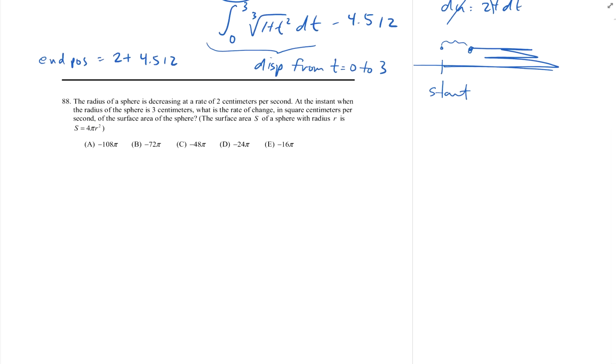Okay, 88. The radius of a sphere is decreasing at 2 centimeters per second. That's dr/dt is -2. At the instant when the radius is 3, what is the rate of change in square centimeters per second of the surface area? And they tell you that it's 4 pi r squared. So dA/dt is 8 pi r times dr/dt.